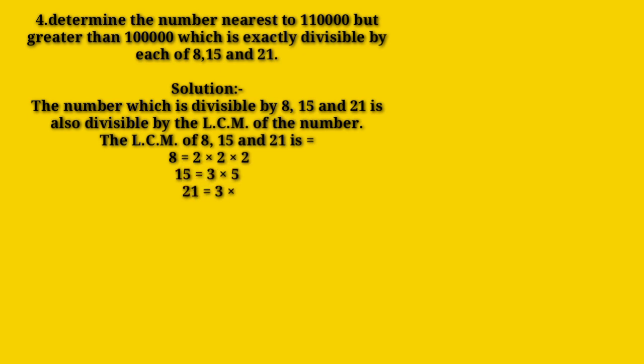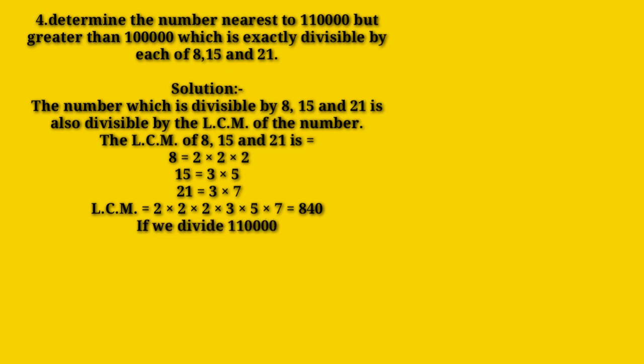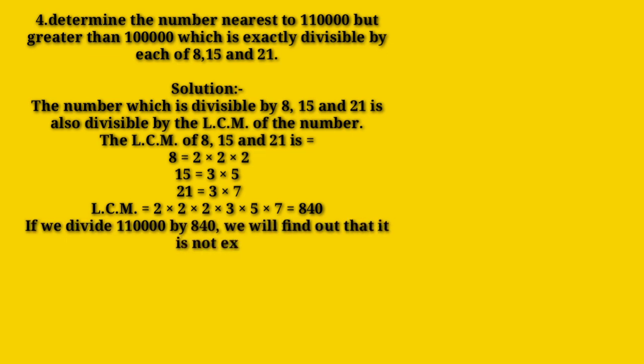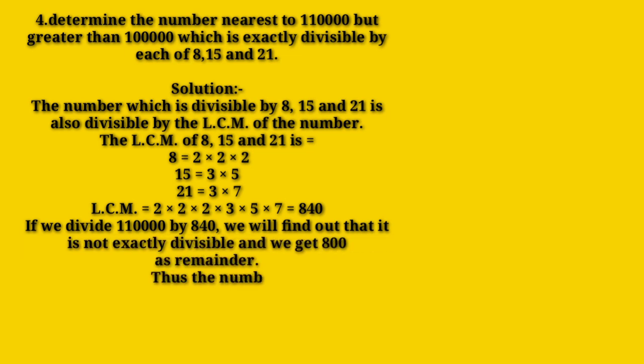So we will do the prime factorization of 8, 2 into 2 into 2, of 15, 3 into 5, and prime factorization of 21, 3 into 7. So the LCM of 8, 15 and 21 will be 840. Okay, if we divide 1,10,000 by 840, we will find that it is not exactly divisible, and we are getting 480 as a remainder.